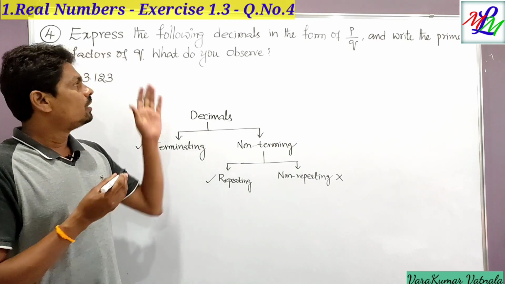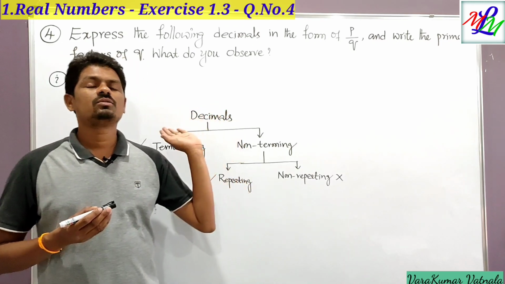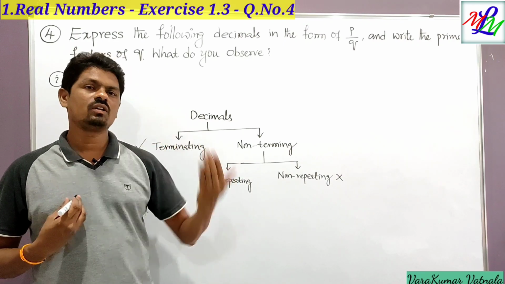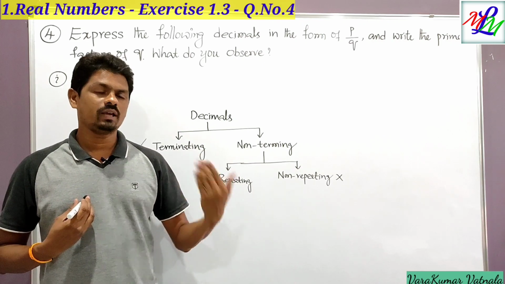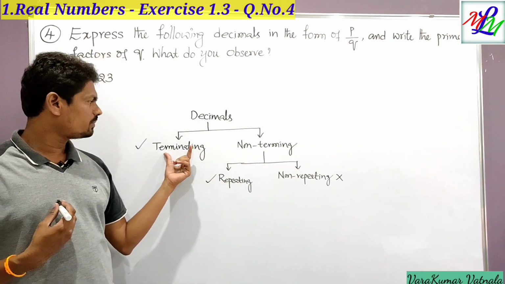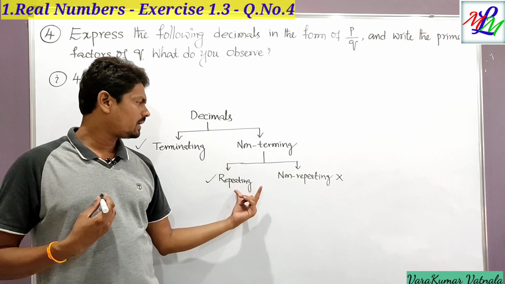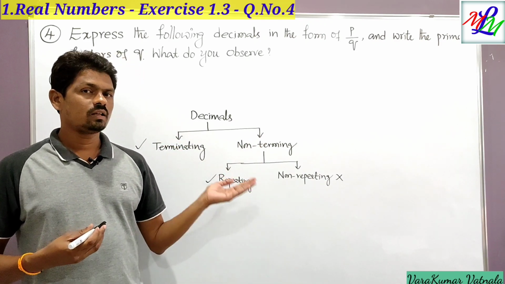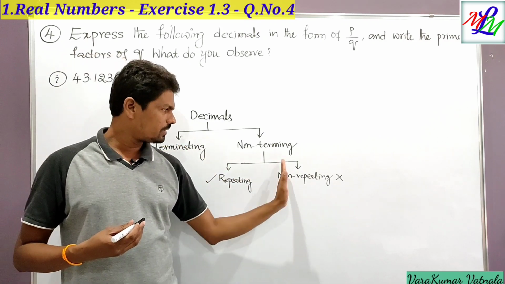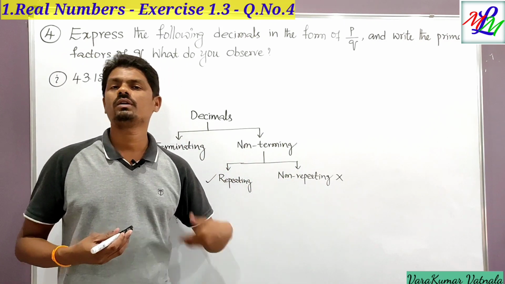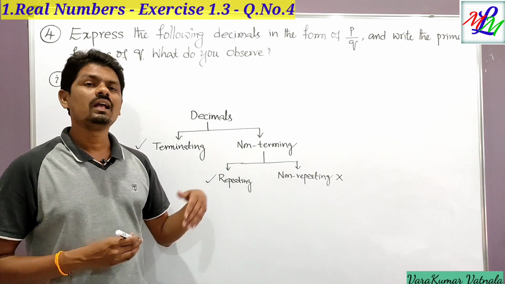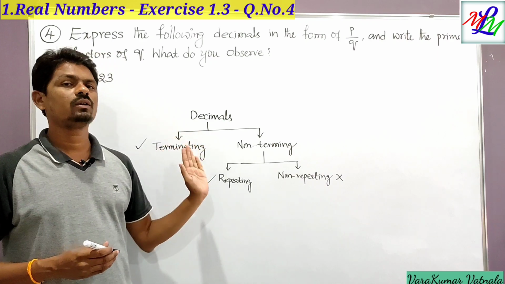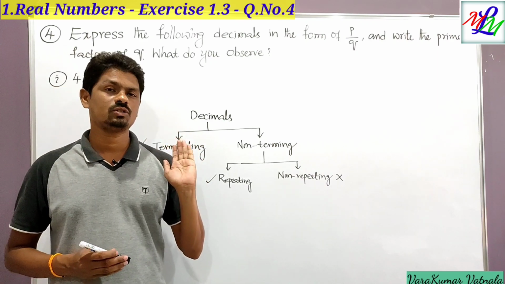So by observing the given decimal, first we identify which type it is, then convert into p by q form. Only terminating and non-terminating repeating decimals can be converted. Otherwise, non-terminating, non-repeating decimals are irrational numbers.